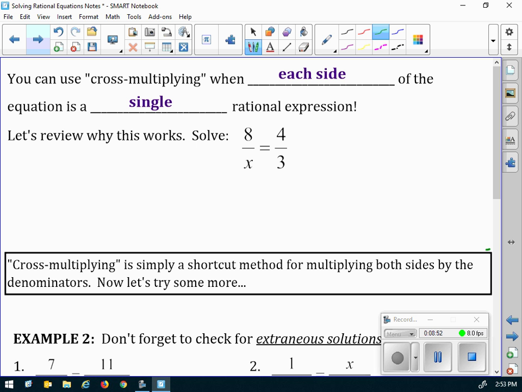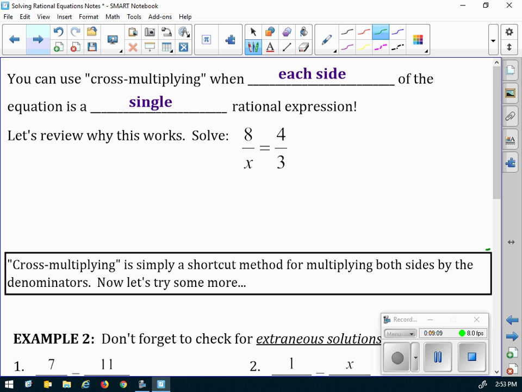Folks, you can only, quote, cross multiply if you got an equal sign and you got one fraction on each side. Now, I am not going to do this one first with cross multiplying. We are going to do this a different way.